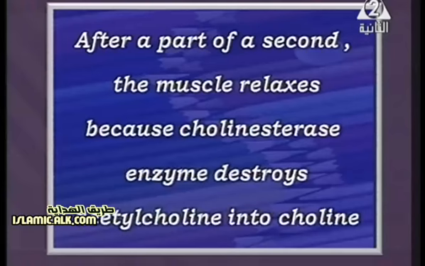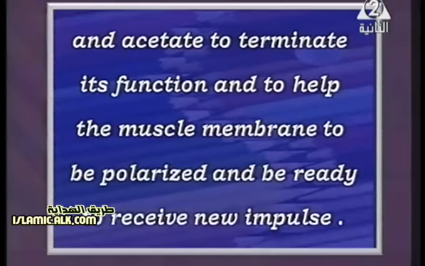After a part of a second, the muscle relaxes because of the cholinesterase enzyme, did you hear it? Cholinesterase enzyme destroys the acetylcholine into different substances, choline and acetate, to terminate its function and also to help the muscle membrane to be more polarized and ready to receive a new impulse.